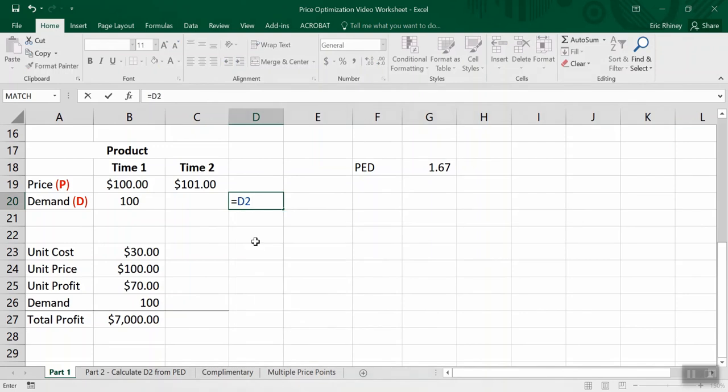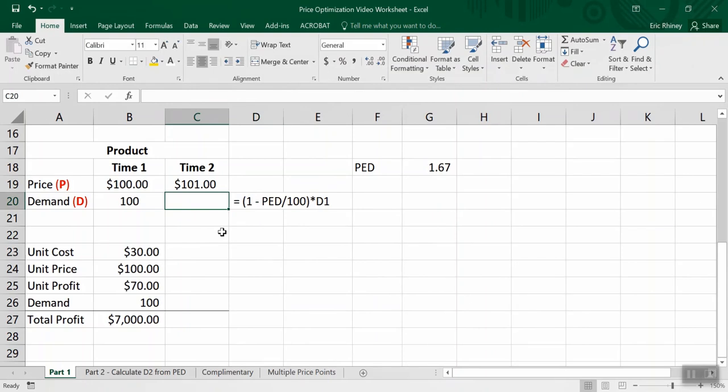Demand 2 is going to equal 1 minus the price elasticity of demand divided by 100, and then all of that will be multiplied times demand 1. Uh-oh, sorry about that. It thinks it's an equation, and it's not an equation. Let's put that in there. Okay.